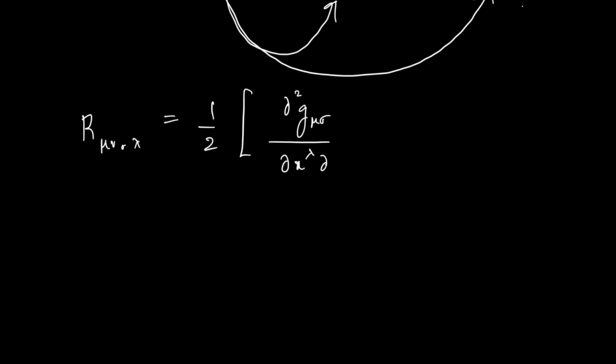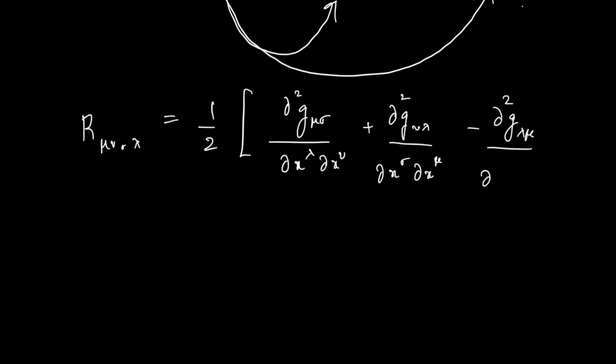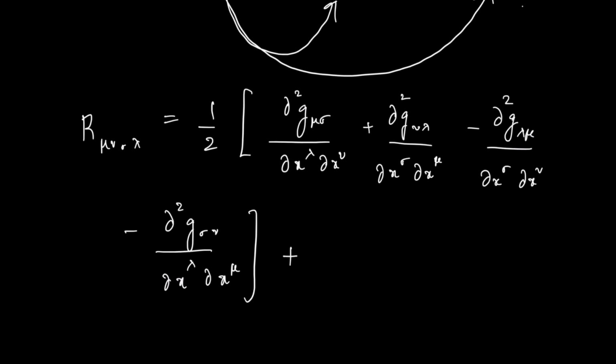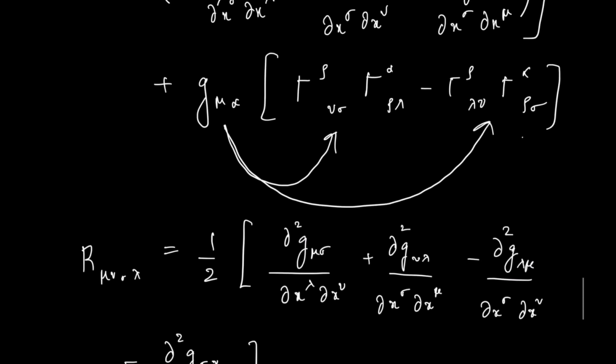Then I can write R mu nu equal to half of, with respect to x lambda x nu, with respect to x sigma x mu, minus x sigma x nu, plus, now here I have multiplied G mu alpha and this one because there is alpha here.